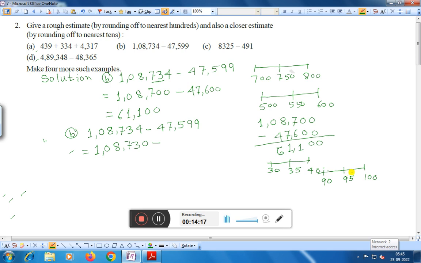Since the number is 99, we round it up to 100, right? That means we are getting 47,600.